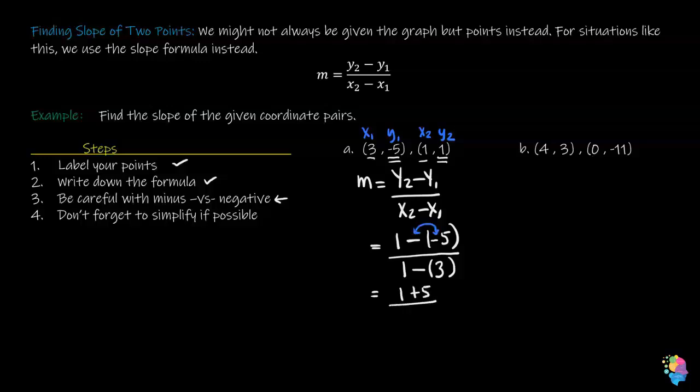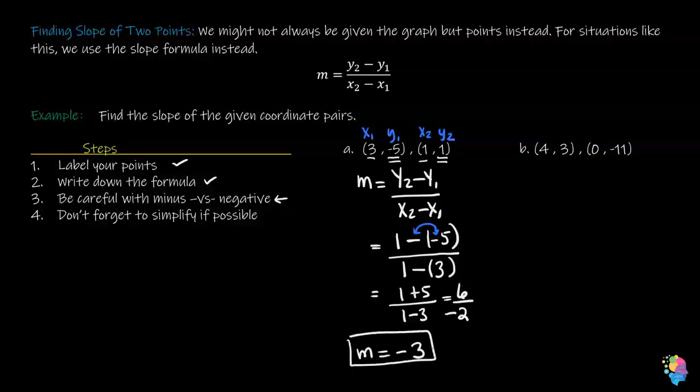And underneath is still the same, 1 minus 3. So 1 plus 5 will be 6. And then 1 minus 3 will be minus 2. If we simplify, 6 divided by 2 is 3, but because I have different signs, the slope here will be -3. So this is the slope of the given 2 points.